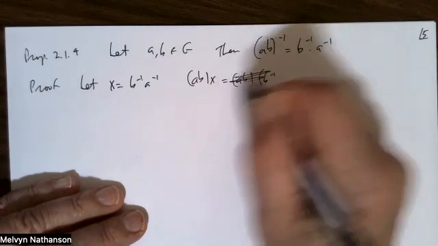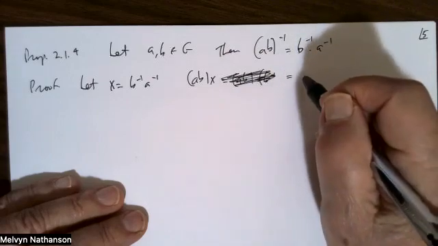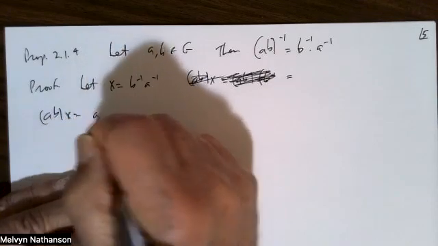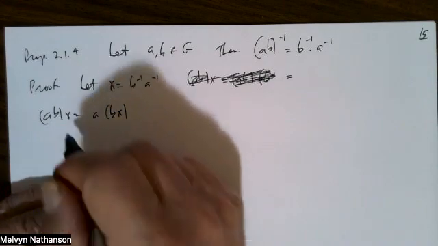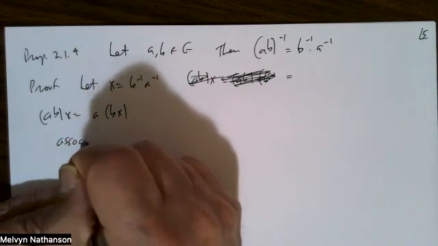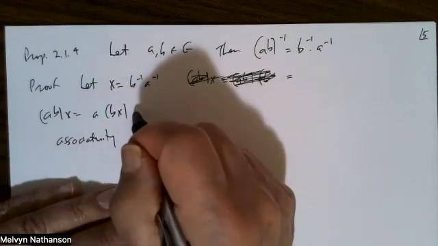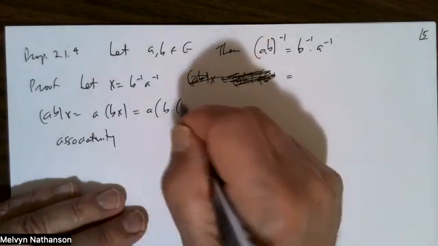Let me write it in two steps. AB times X is A times BX. That's associativity. So this is A times B, and what is X?